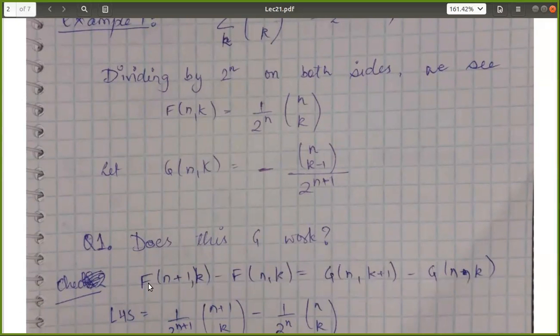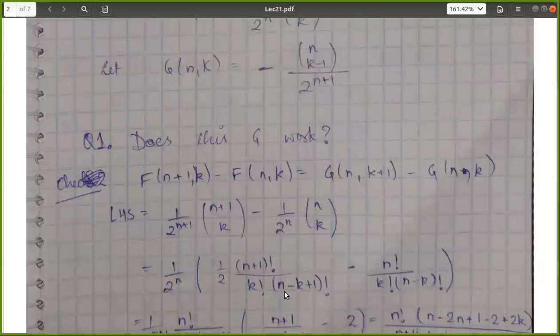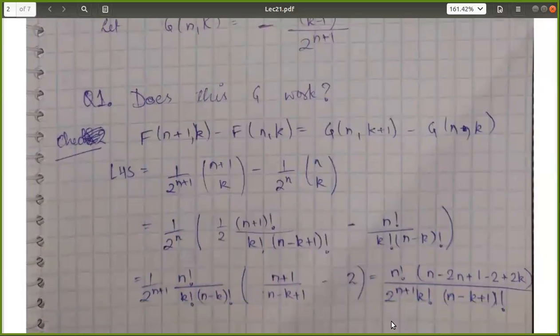So the left hand side is 1 upon 2 raised to n plus 1 times n plus 1 choose k, minus 1 upon 2 raised to n times n choose k. You evaluate this and, after some steps, you get n factorial times 2k minus n minus 1 divided by 2 raised to n plus 1 times k factorial times n minus k plus 1 factorial.